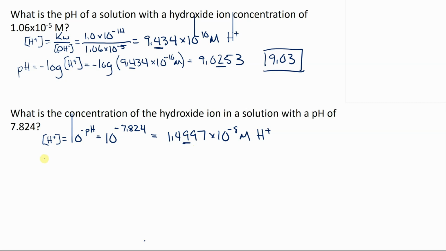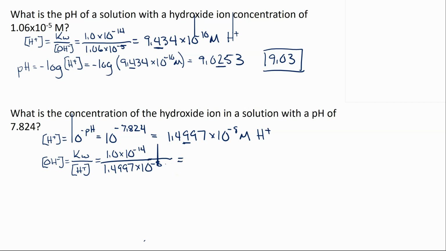To get the hydroxide ion concentration, which is what this problem asked for, it's going to be the Kw over that concentration of H+ I just calculated. So 1.0 times 10 to the negative 14 over the 1.4997 times 10 to the negative 8 molar. Well, let's leave the molar off.